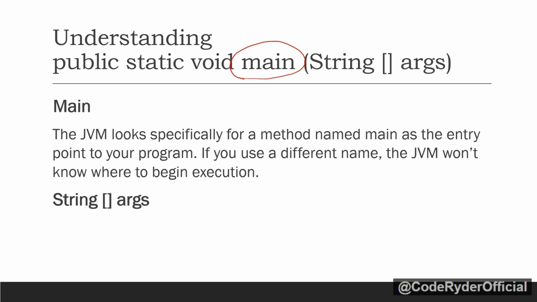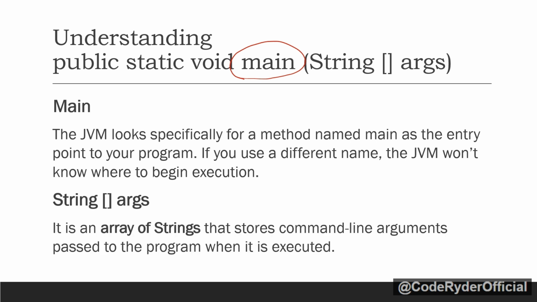Last, we are passing the String array arguments. So basically, it's an array of strings. In IntelliJ we ran the program directly, but you can also run the program using the command line, with the syntax java followed by the class name, and there you can also pass the values which will go into the string argument.